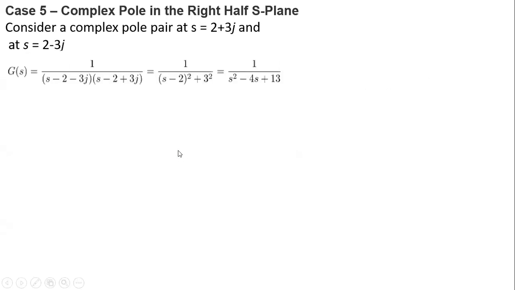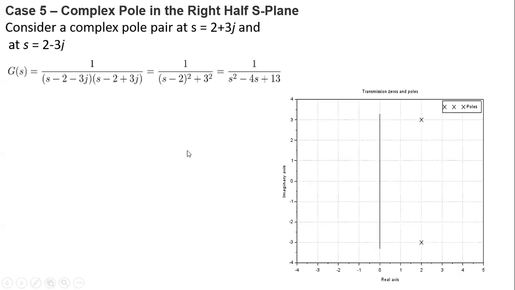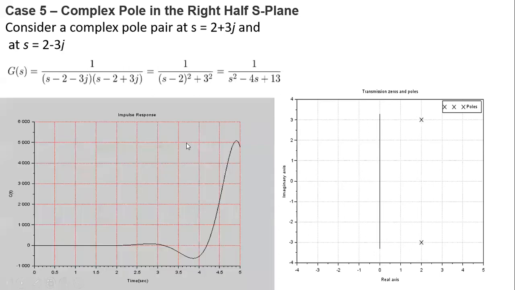Similarly, case 5, the complex poles in the right half of the S-plane. We get s = 2 + 3j and 2 - 3j. Here the real part is +2, with +3j and -3j. This is the minus part and this is the plus part. So this is the corresponding transfer function.